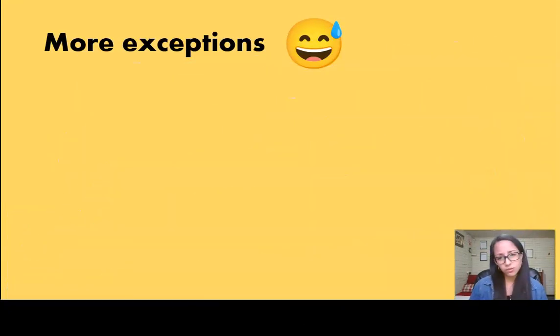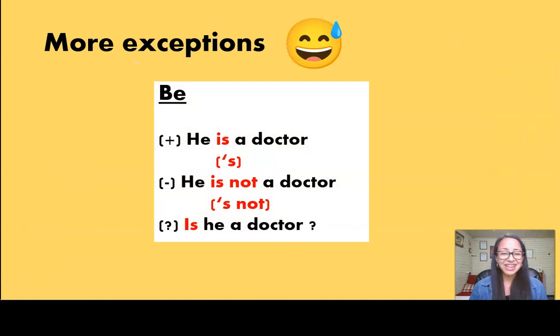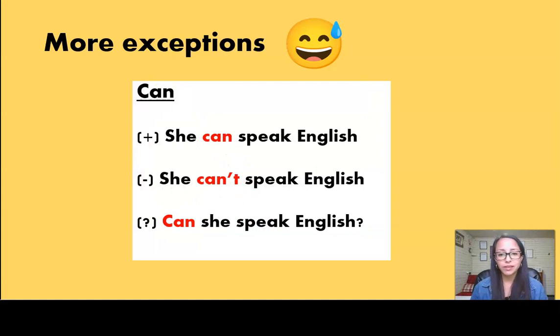Continuemos entonces con algunas excepciones más. En el caso del verbo to be, por ejemplo, este va a tener su propia forma. Para he, she, it será is. Is not, en el caso de la negación, and at the beginning of the question we will use is to start. En el caso del verbo can, poder, para expresar habilidad, si se fijan, el verbo no va a llevar s.